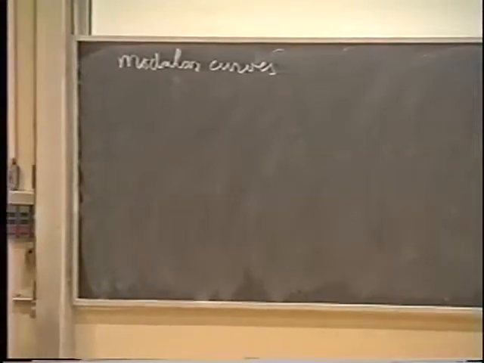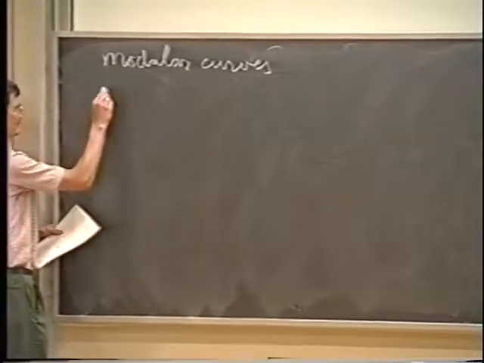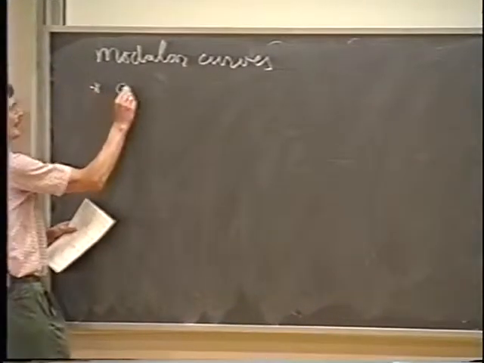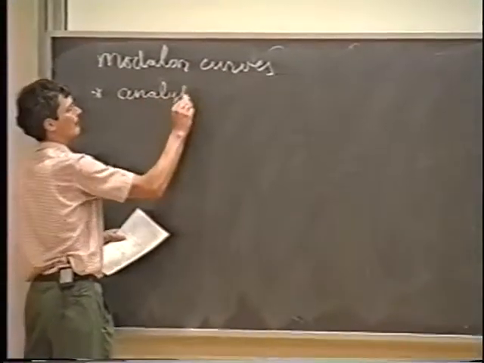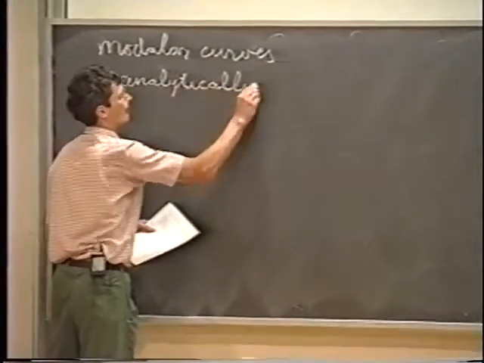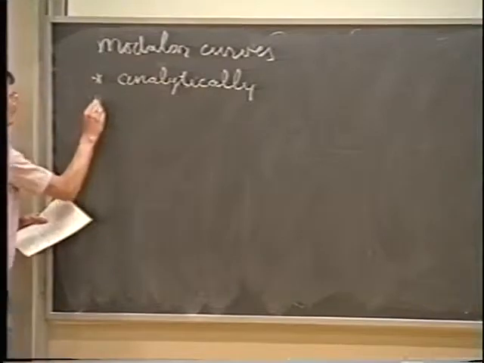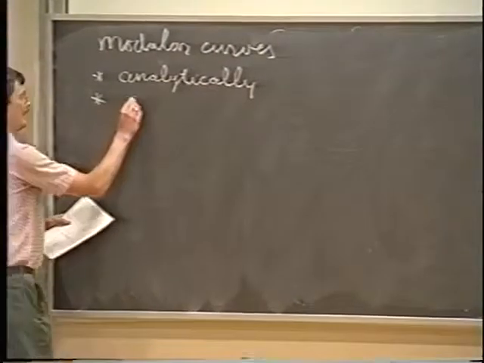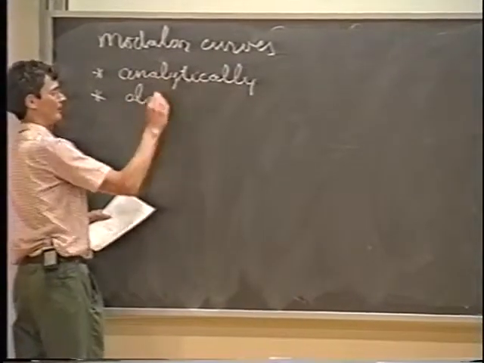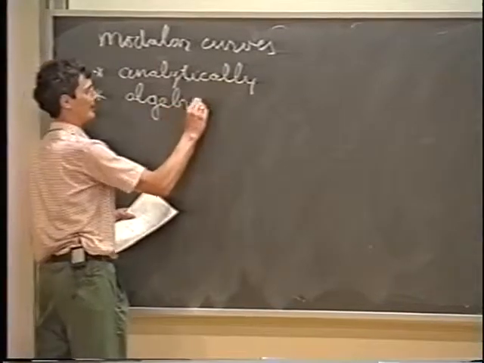The aspects of modular curves we will address: first of all, we'll look at these things analytically a little bit. Then we will look at them to a slightly more extent algebraically.